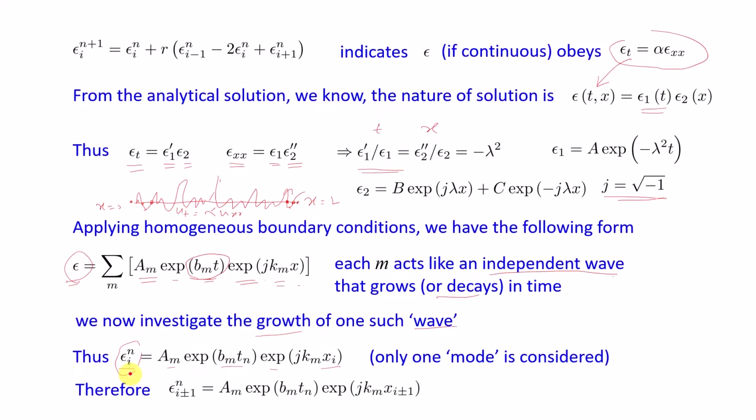So let's see how we'll do so. First, if this is at i, then i plus minus 1, if I go one step on right side or left side, i is my spatial index. So my x_i, I'll go either plus 1 or minus 1.